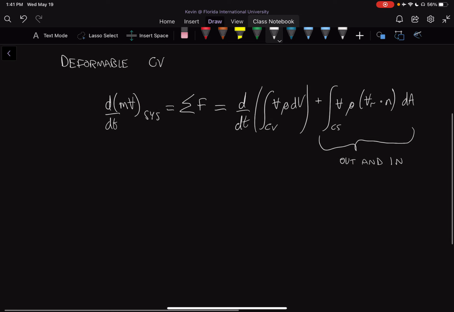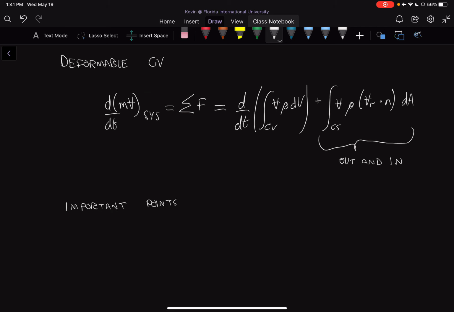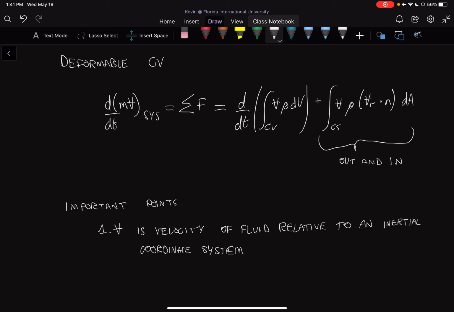So some important points about this equation. The first important point is that v is the velocity of the fluid relative to an inertial coordinate system, so a coordinate system that does not move.